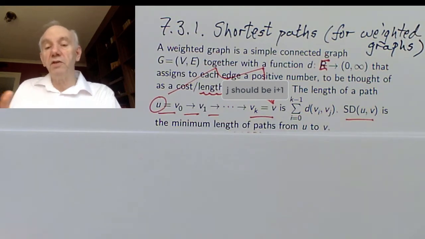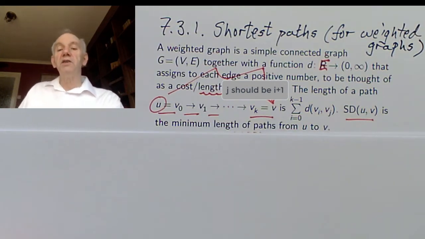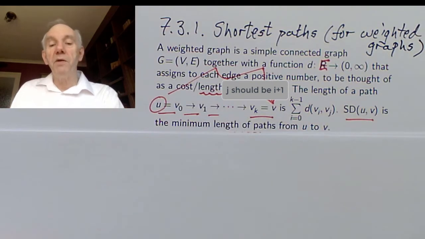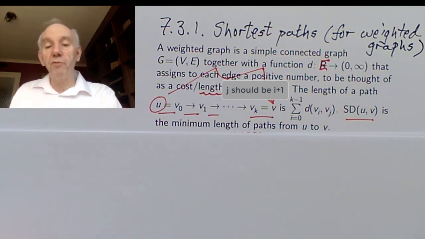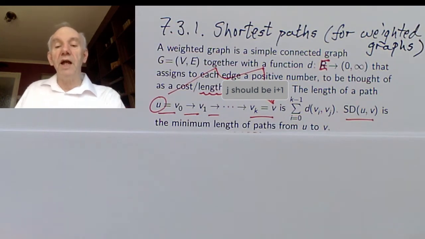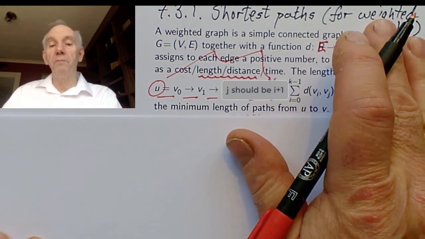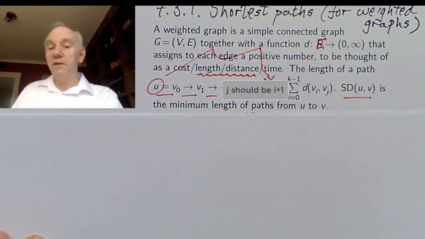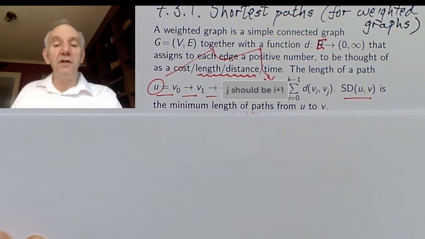Shortest distance, or simply the distance if you like. It's the minimum. You take all the possible paths from u to v, there'll be finitely many, and you take the least length of those paths. I think it's clear in the examples what would be going on. So that's the definition really of a weighted graph.